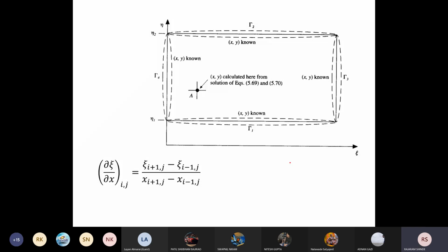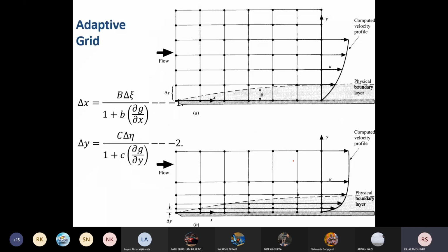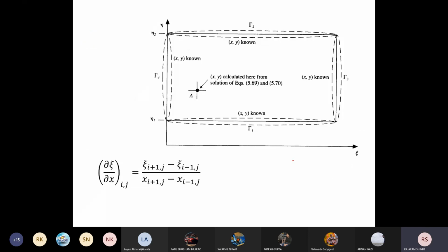The solution for these equations is obtained by using appropriate finite difference approximation, which will be for an elliptic equation. The transformation is carried out via a system of elliptic partial differential equations. It is called elliptic grid generation.